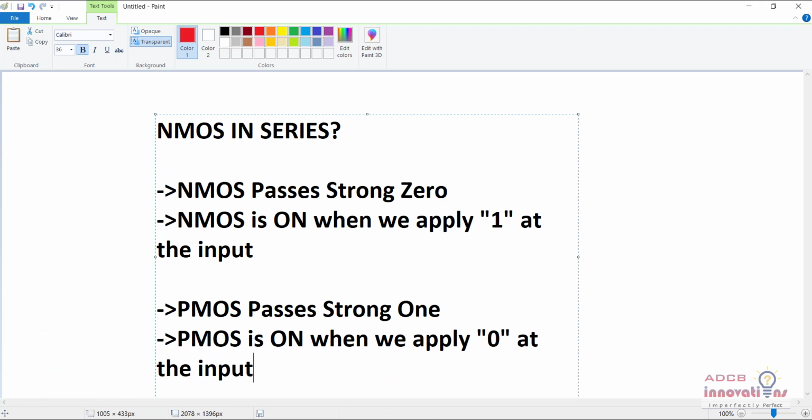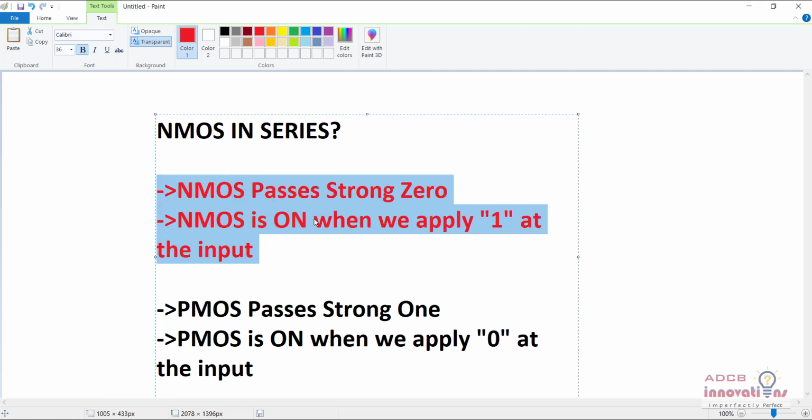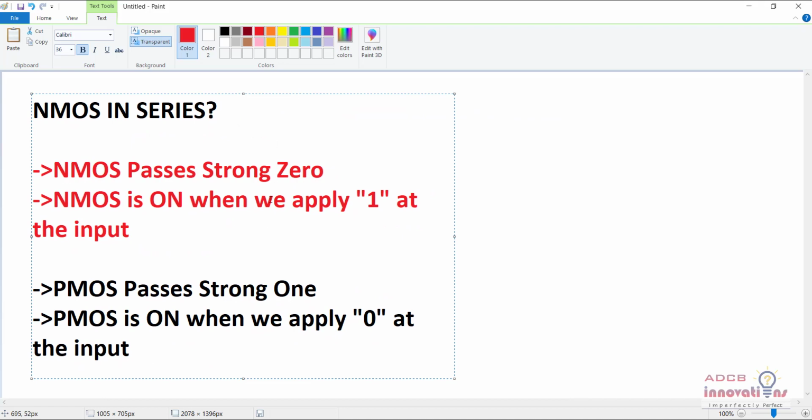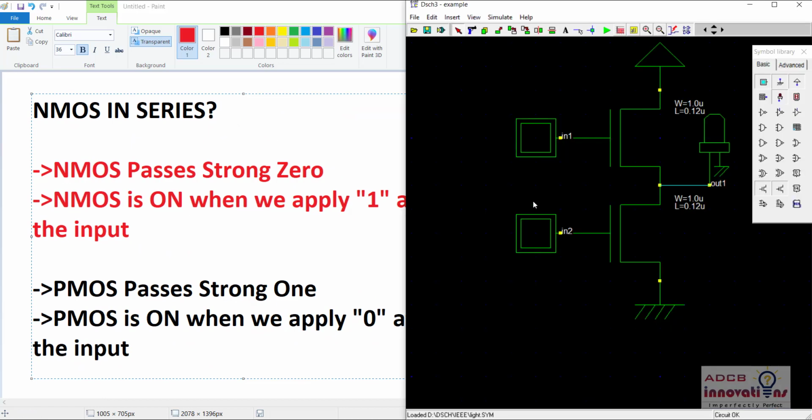Alright, so these are the points I need you to emphasize on. You can watch my PMOS and NMOS video, where I have explained this with a simulation. We need to understand that an NMOS passes strong 0 easily and it gets on when we apply 1.